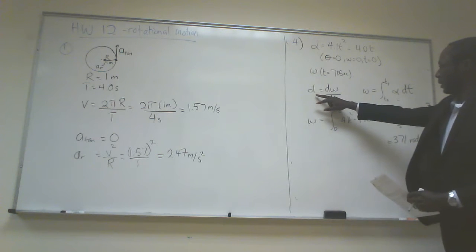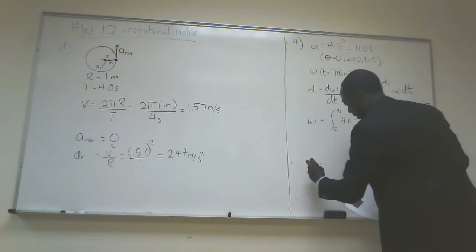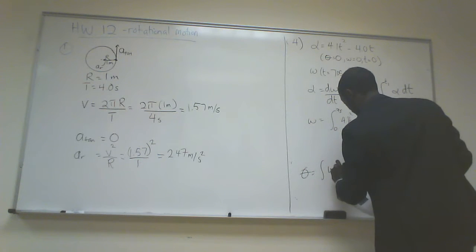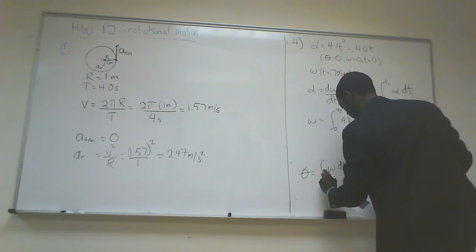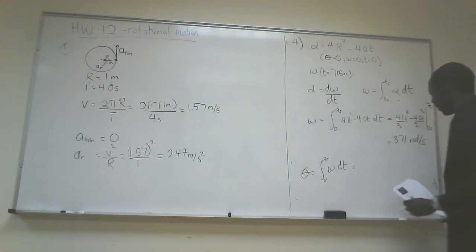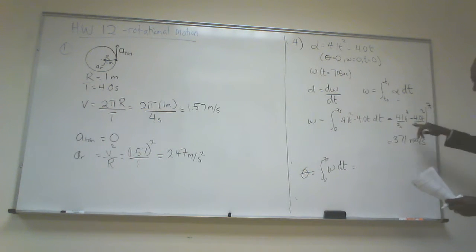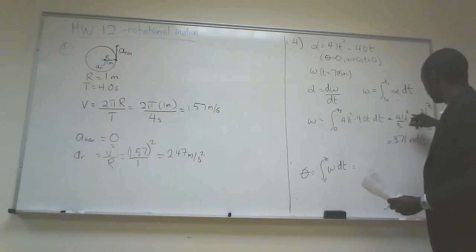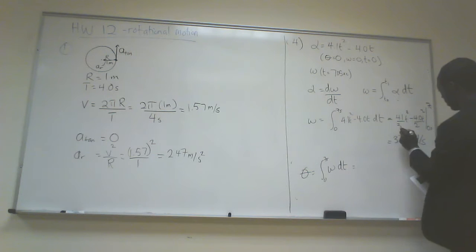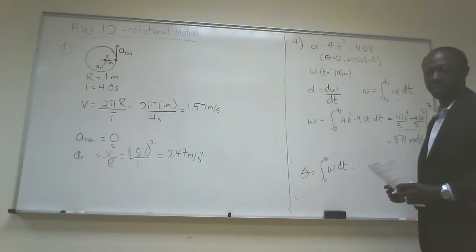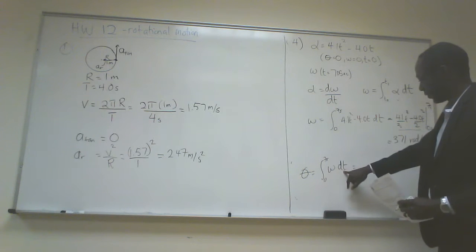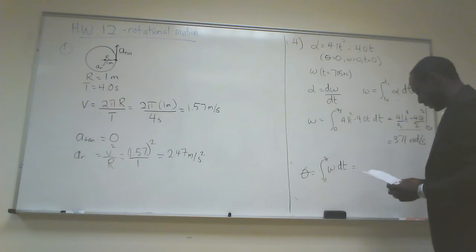Right. So in the same way, the displacement will be equal to the integral of omega with respect to time from 0 to 7 seconds. All right, so we have to integrate again a second time. So this is our expression for omega. We have to integrate this expression here with respect to time to give us a displacement.